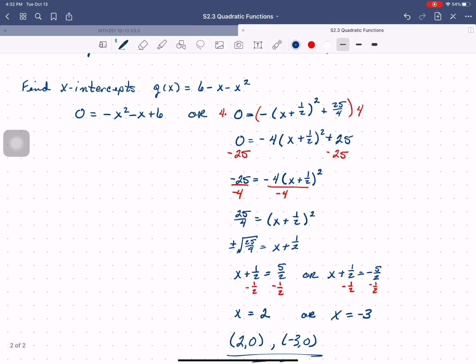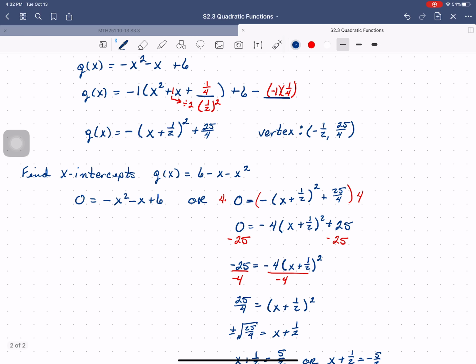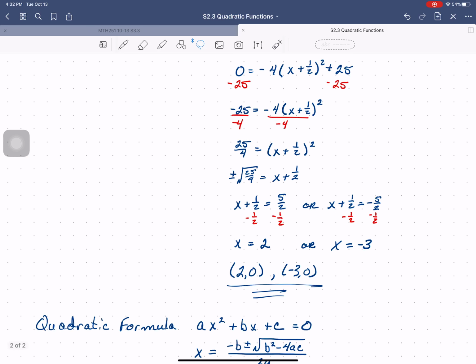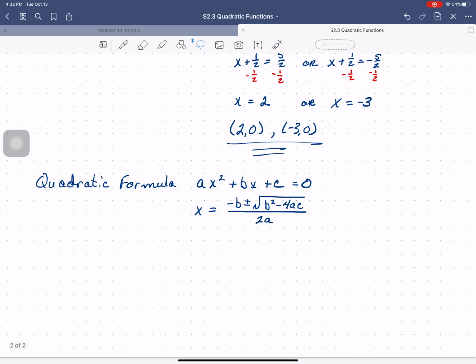So if we again work with our polynomial of choice here, this guy, I want to find its x-intercepts, which is the same thing as saying solve the equation.